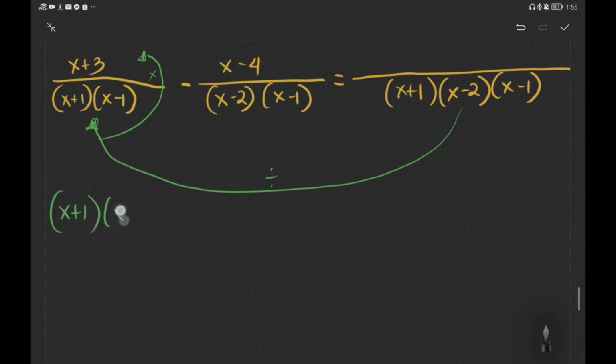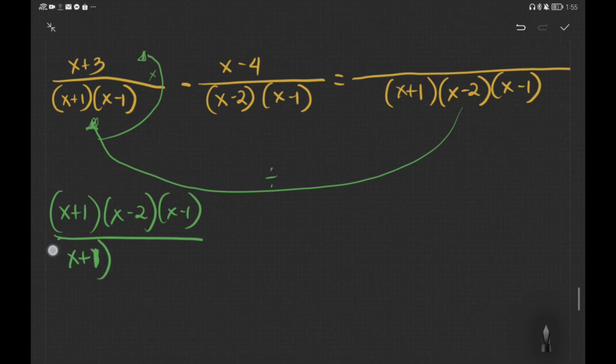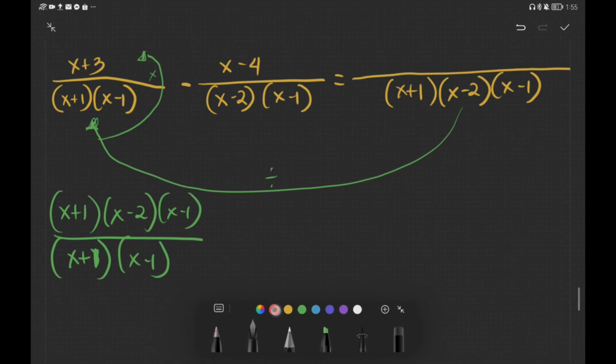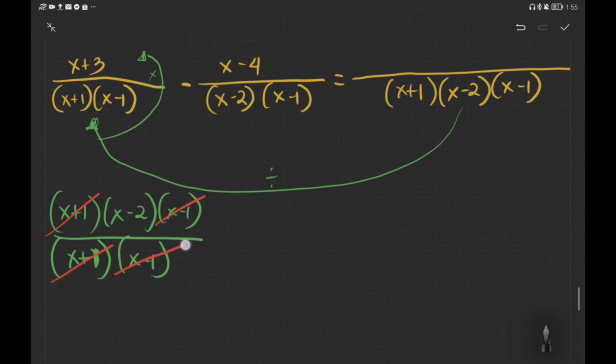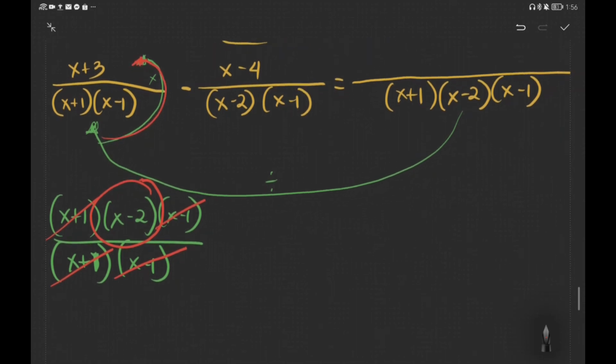Write the LCD first, divided by x plus 1 times x minus 1. The common factors in the numerator and denominator are x plus 1 and x minus 1. What remains is x minus 2, and we multiply that. The answer here, x minus 2, is multiplied by x plus 3.